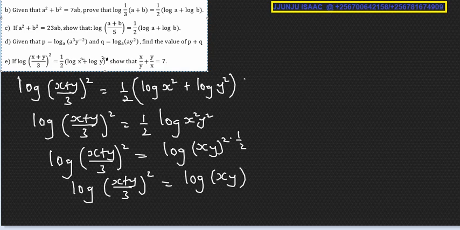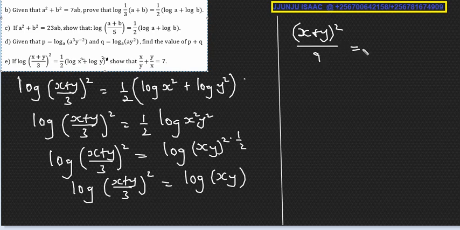There we can now equate. So if we equate, (x plus y over 3) squared will be equal to xy. So we shall get (x plus y) squared over 9 equal to xy. So expand this using binomial.